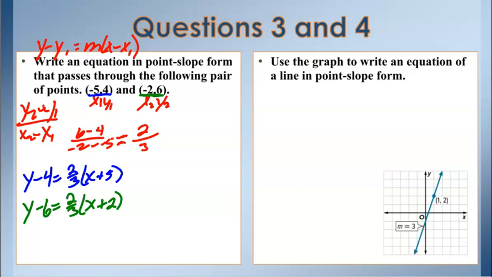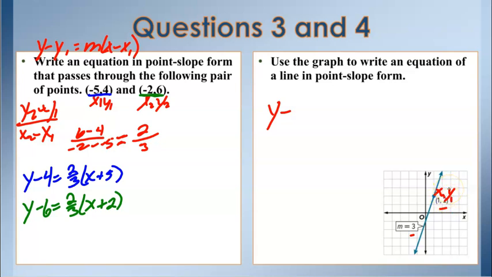Question 4. Use the graph to write an equation of a line in point-slope form. So we're going to use the same formula. Since they've given us a graph, they gave us a point, and they gave us a slope, all I'm going to do is plug those into my formula. So I would have y minus, and this would be my x1, y1.